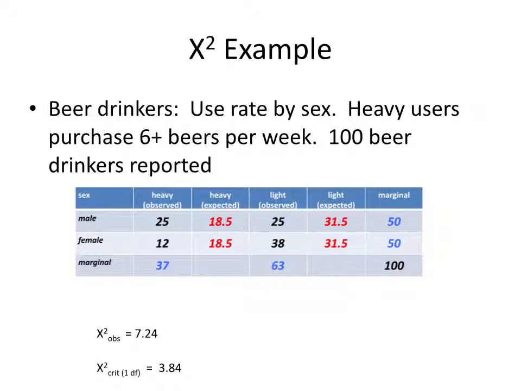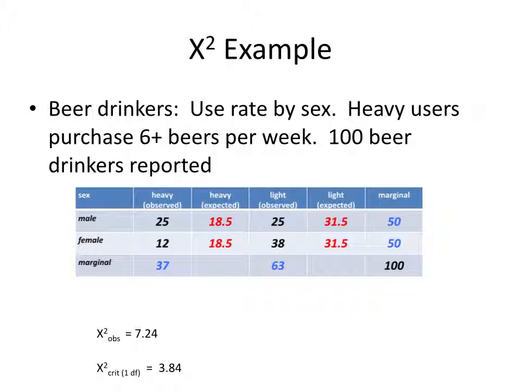So that if there were no difference between these groups, we would expect 18.5 males to be heavy drinkers, and also 18.5 females. And those two entries will be the same because the marginal for males and females is equal, 50-50. And for light drinkers, we would expect 50 times 63 for males, 31.5, and the same 50 times 63, 31.5 for females.